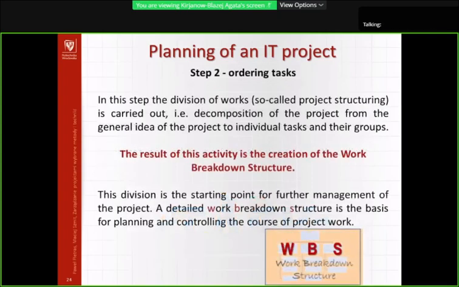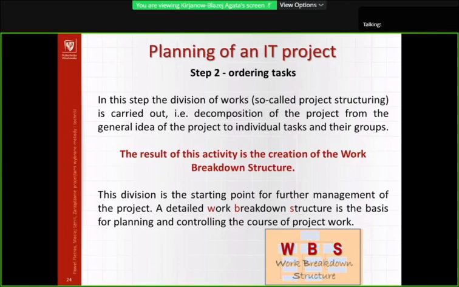And the next step, second step, ordering tasks. In this step, the division of work, so-called project structuring, is carried out. The composition of the project from the general idea of the project to individual tasks and their groups.